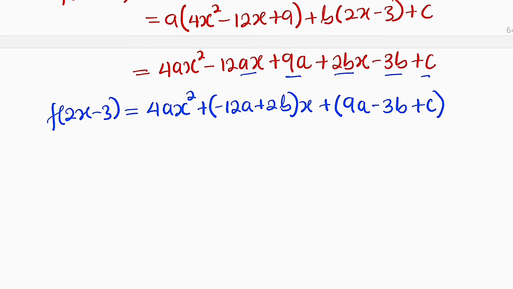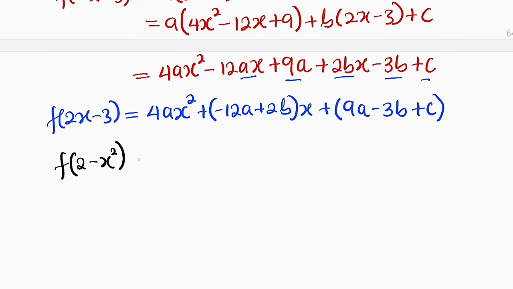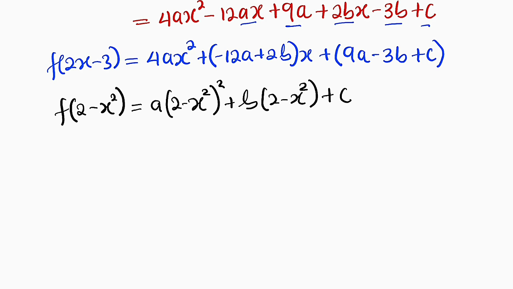We need to also evaluate f of 2 minus x squared, because that's what we have as the second term here. So in place of x in our quadratic expression, we are going to replace it with 2 minus x squared. So a times 2 minus x squared also squared, plus b times x, which is 2 minus x squared, then plus c. Let's expand.